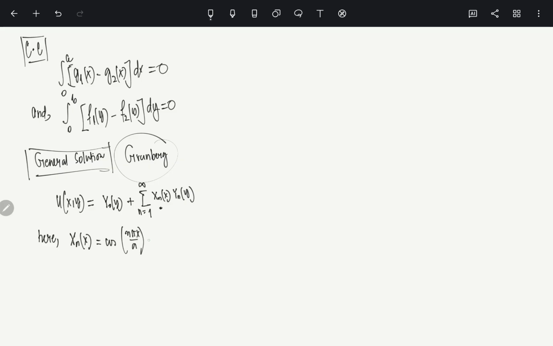Okay, this is an eigenfunction of the eigenvalue problem X double prime plus lambda X equals 0 and X prime 0 equals X prime at a equals 0. Is it okay?